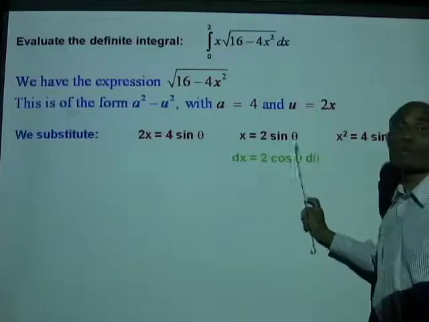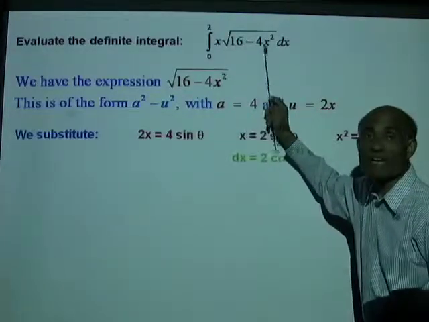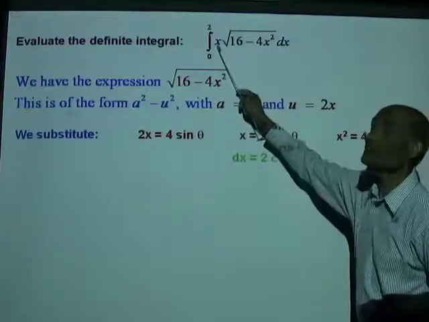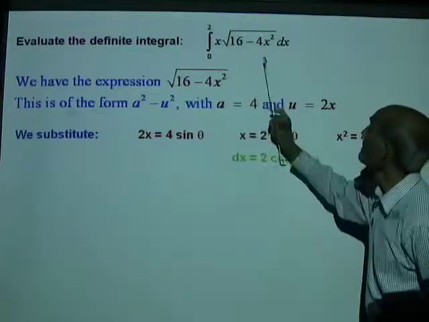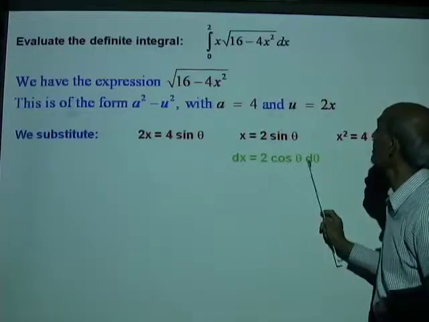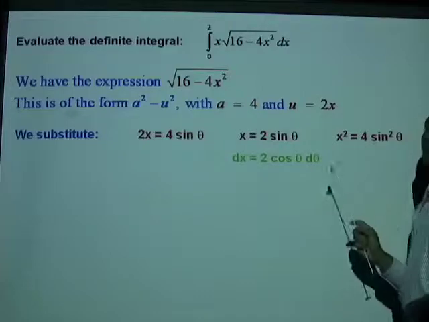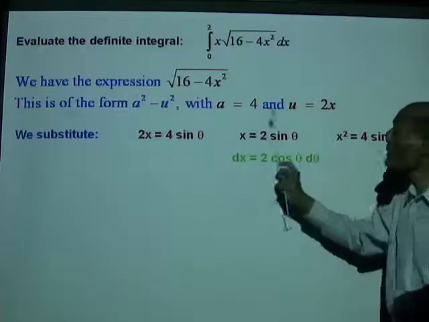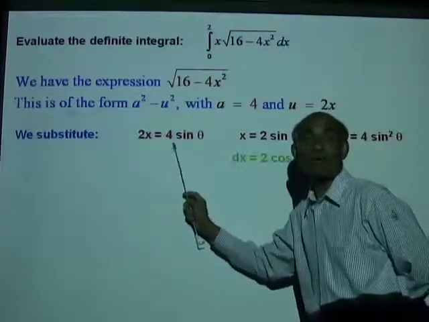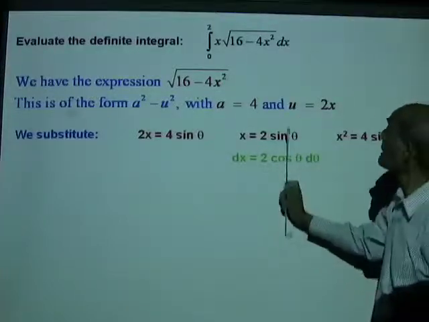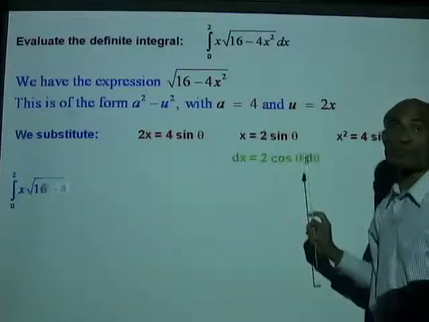Now we are equipped to replace everything in here. We have x equal to 2 sine theta, there you go. We have dx equal to 2 cos theta d theta. We have x squared equal to 4 sine squared theta. All these came from our substitution, 2x equals 4 sine theta. Let's replace in this integral all these quantities.